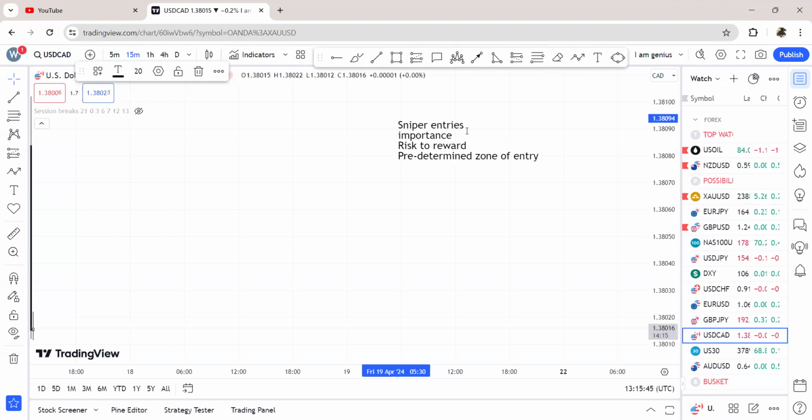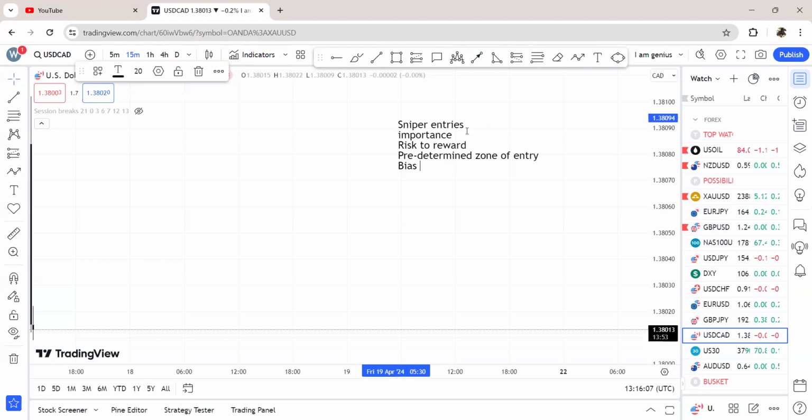Because anything that you say and then the market does it, it gives you way, way more confidence than just coming to the market without having an idea of where you're anticipating, without having a bias. A bias just means your anticipated direction of the market.